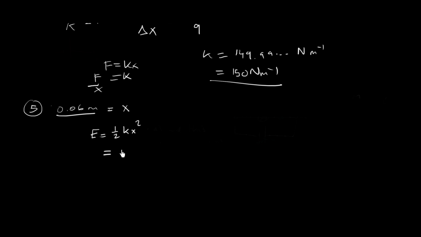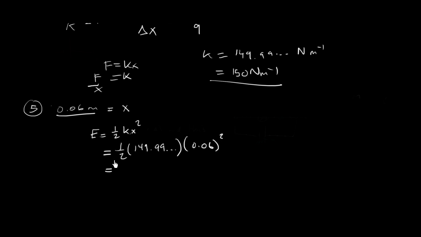we should do here 0.5 times 150, I'm going to take the whole number if possible, times x squared, which is 0.06 squared, so this is 1/2 times 149.99 whatever, all the number, times 0.06 squared, and that should give me the amount of potential energy stored. I'm just going to pause for a second while I calculate it so I don't bore you.